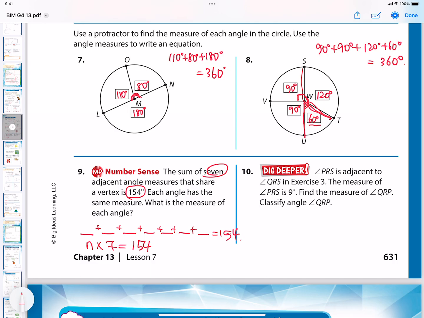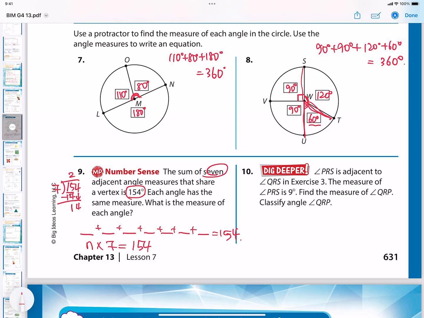In this case we are going to use the inverse operation, which is 154 divided by 7. Instead of multiplication to find the unknown number, you can use division. 7 cannot fit into 1, so I'm going to use 15 together. 7 times 2 is 14, subtract, and 1.